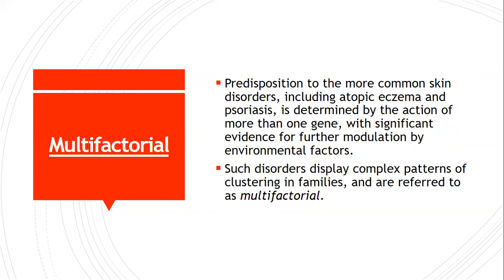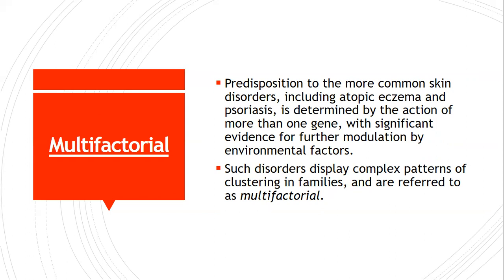What is a multifactorial inheritance? Predisposition to more common skin disorders, including atopic eczema and psoriasis, is determined by the action of more than one gene, with significant evidence of further modulation by environmental factors.